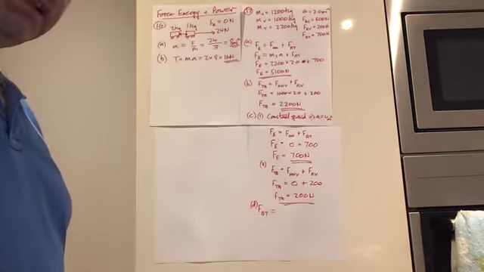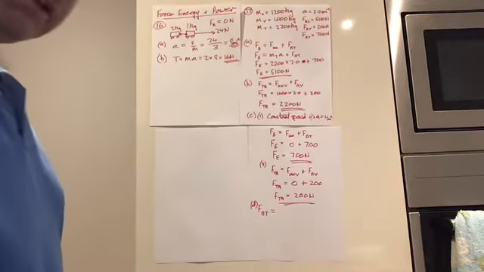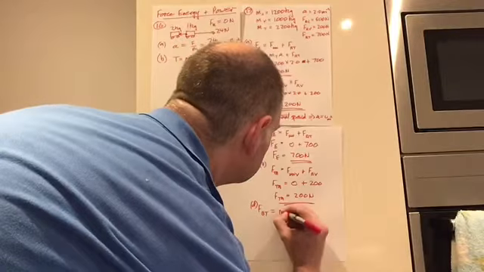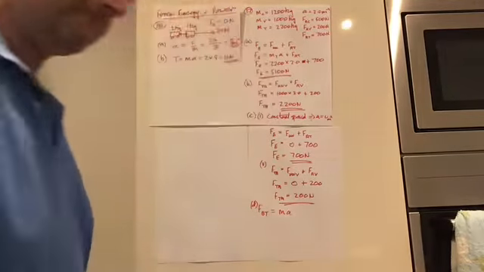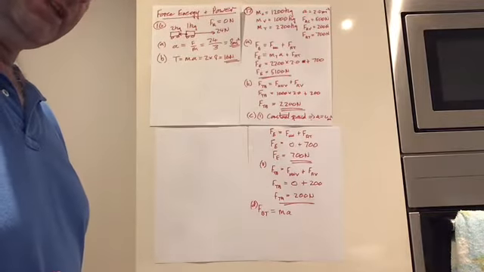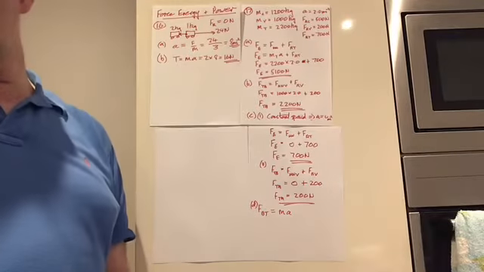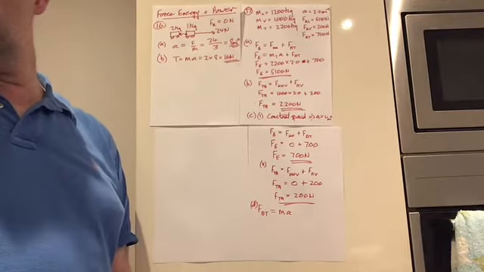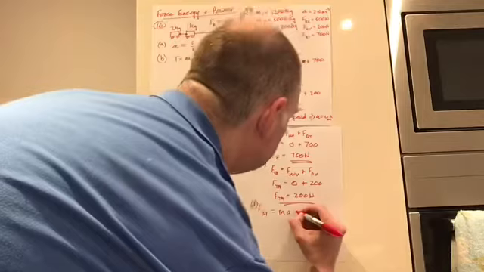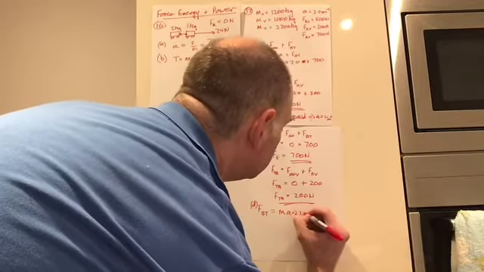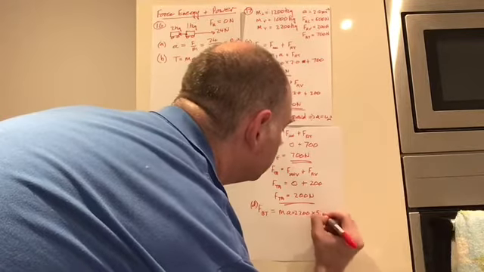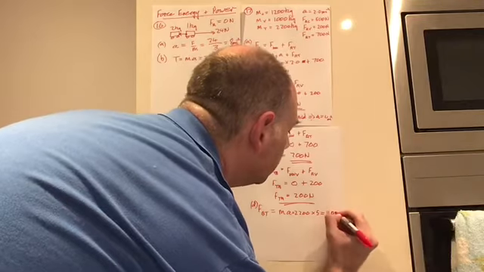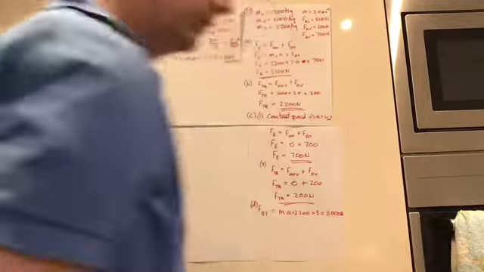And that's going to be the mass times the acceleration. And the acceleration is going to be exactly what it told us in the question, 5. So that's going to be 2,200 kilograms times 5 equals 11,000 newtons, which is quite a lot of newtons.